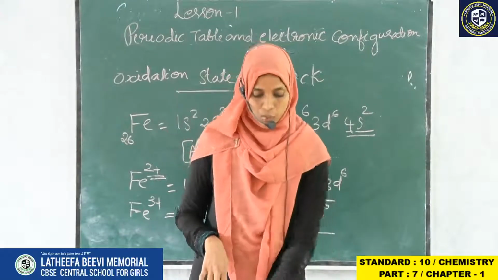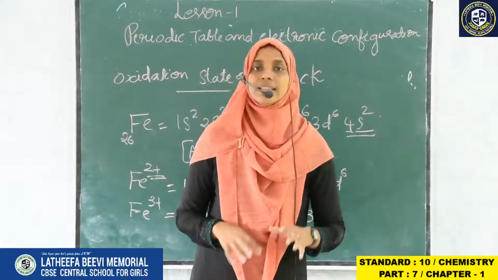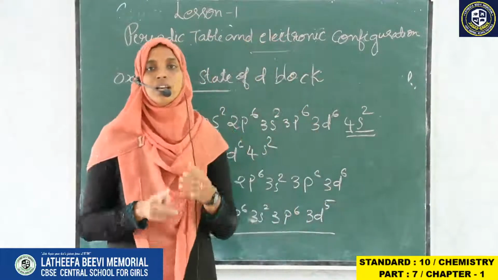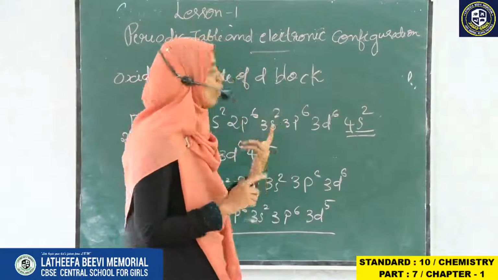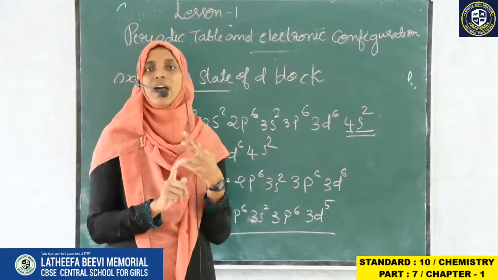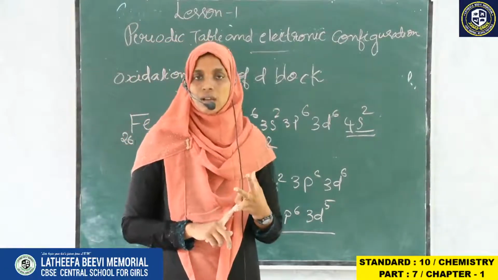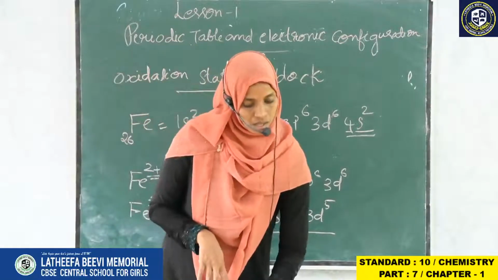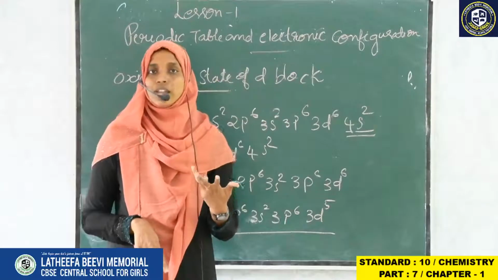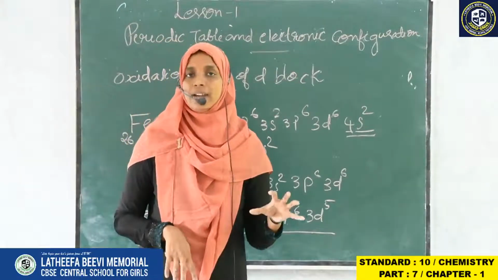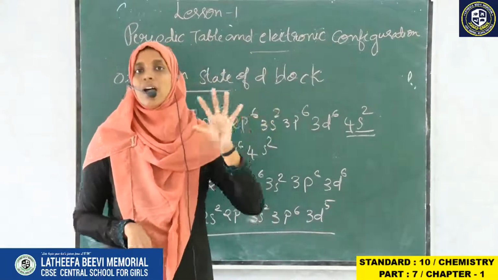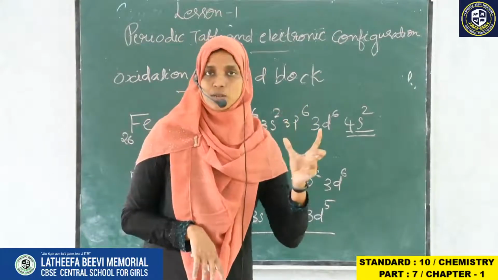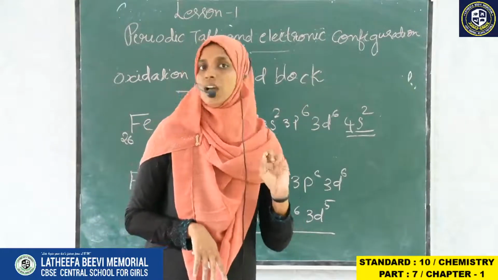So in this class we discussed the characteristics of d block elements and how to find the electronic configuration of d block elements. We add the number of electrons present in the s subshell and the number of electrons present in the d subshell.